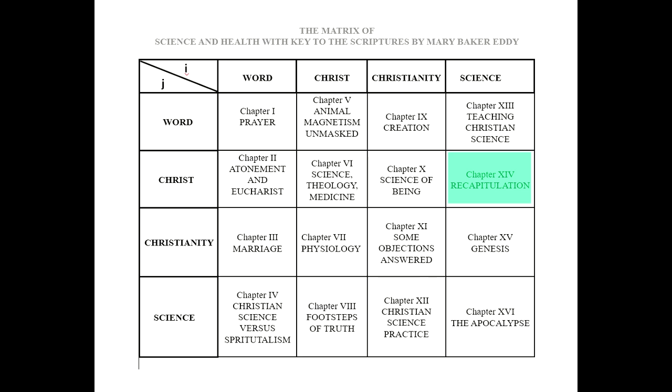So we have the calculus layout in chapter 14. And then chapter 15 comes in quite naturally as Science as Christianity to show us the exalted sense of being as we begin to see what principle and idea is in their oneness.